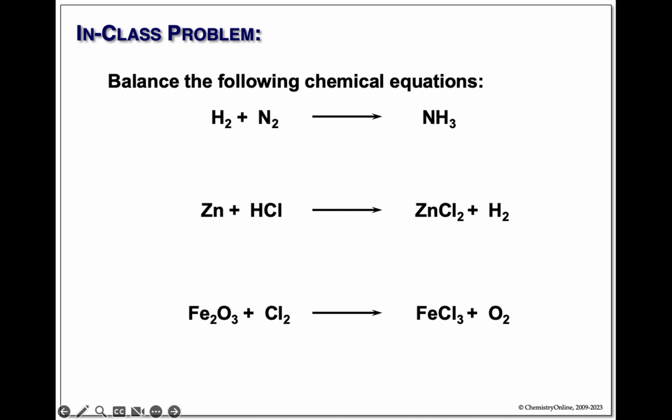Odd even. Let's start off by making the hydrogens even by putting a 2 in. We now have 2 nitrogens, 2 nitrogens, that was good. And we have 6 hydrogens, only 2. I believe, whoa, how did that happen? If we put a 3 in here, it'll work. Yep. Any questions?